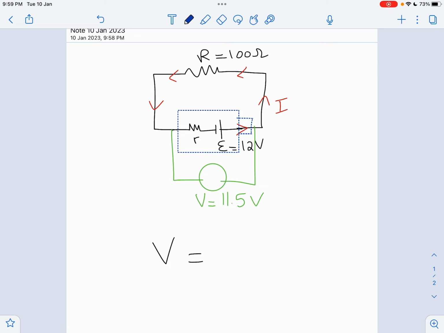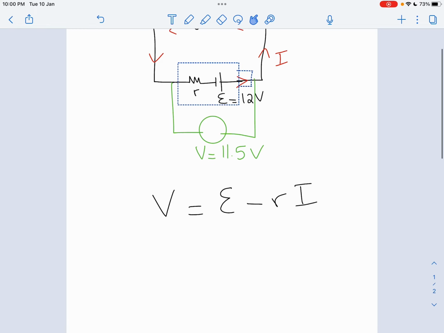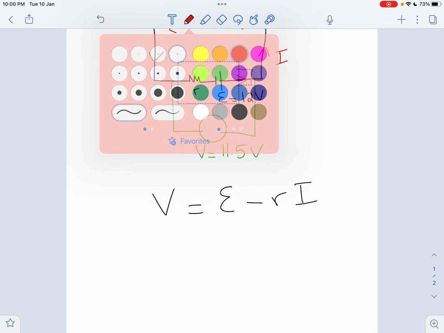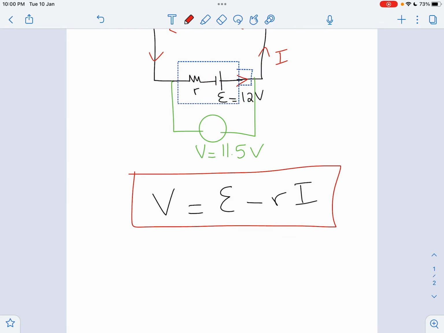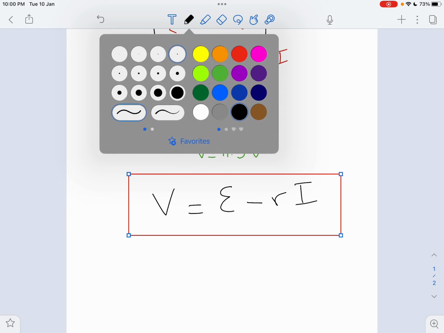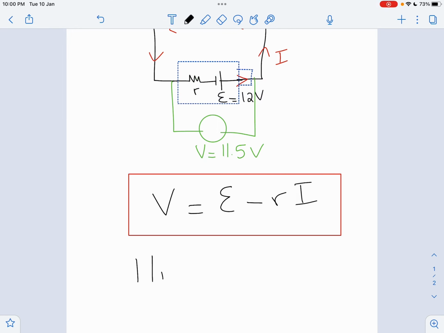So V across the battery is the EMF, but I have a voltage drop across the internal resistance. It becomes E minus Ri. So we highlight that equation. That's the first formula. The voltage is 11.5, equal to the EMF, which is 12, minus r multiplied by I.